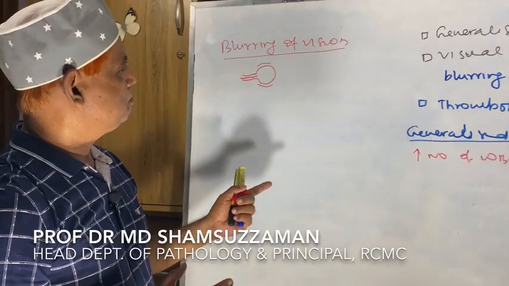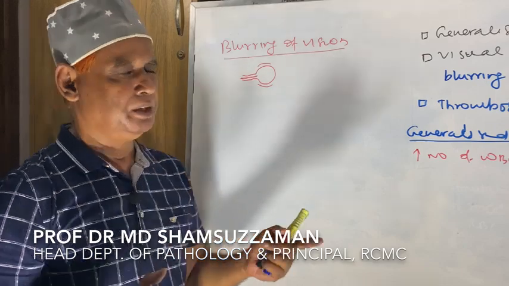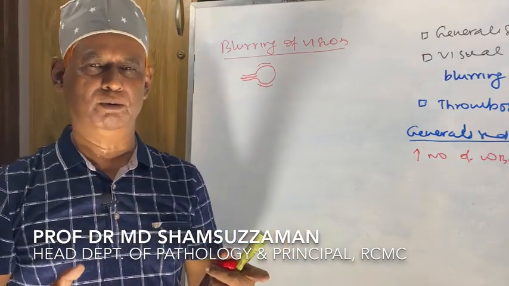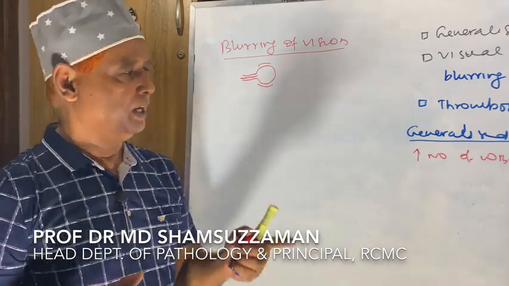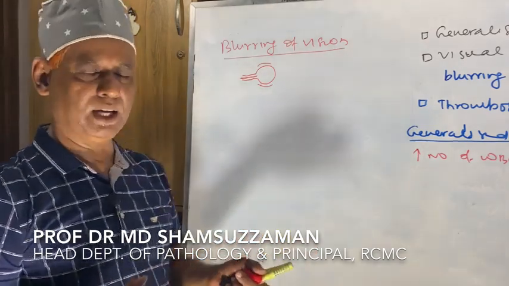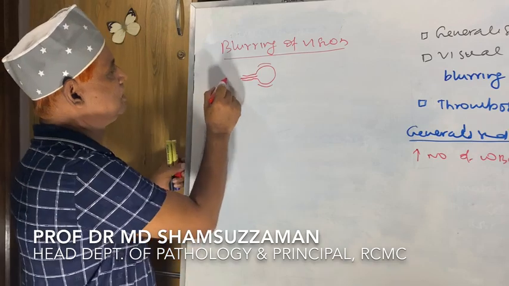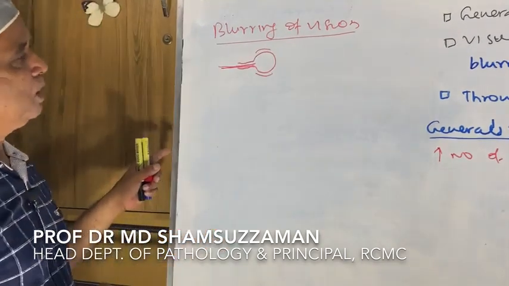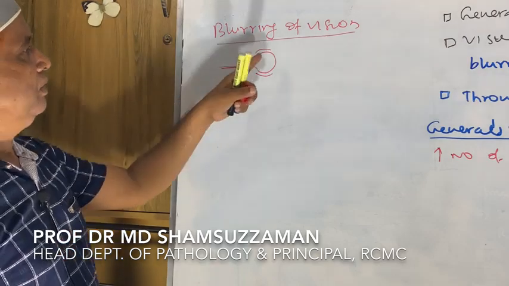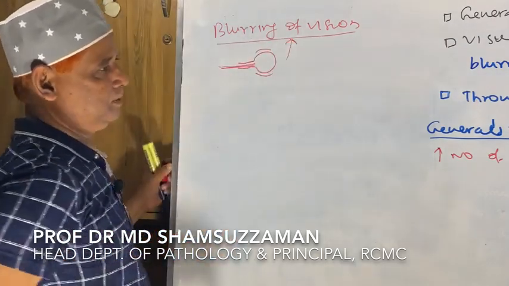As in polycythemia vera, due to increased number of RBC, WBC and platelet, there is increased viscosity of blood. And due to increased viscosity of blood, there is sluggish flow of blood through the retinal artery, and due to sluggish flow of blood through the retinal artery, there is blurring of vision.